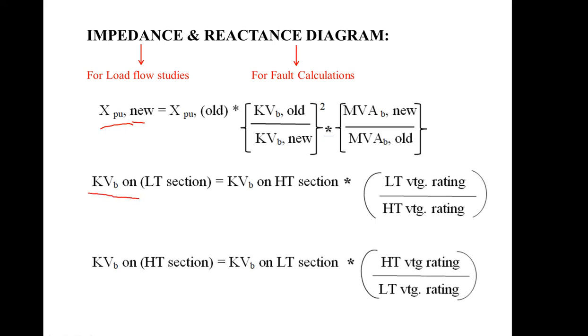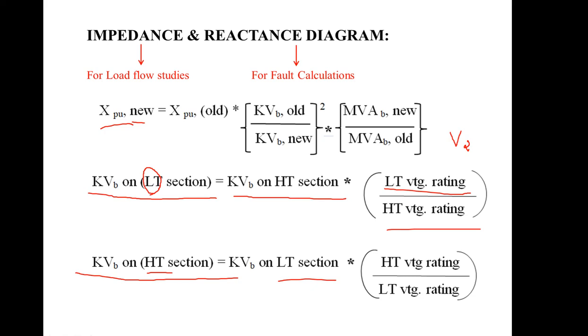For the low voltage transformer section and high voltage transformer section: if LT is asked, kVb on the HT section times the LT voltage rating by the HT voltage rating, that is V1 by V2. Similarly for the HT section, just the opposite: kVb on the LT section times the high voltage rating by the low voltage rating.